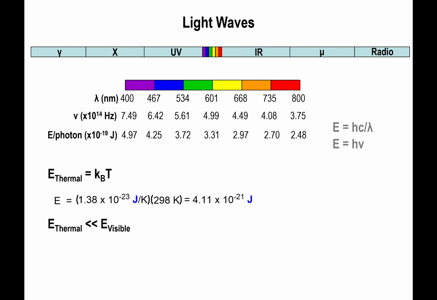Alright, now one extra thing that I kind of want to show you, not that it's super duper important, but since we're talking about joules per photon, looking at the equation that I had here before, with the Boltzmann constant, 1.38 times 10 to the negative 23 joules per Kelvin, if you multiply this by room temperature, what we basically get is an overall thermal energy, which is 10 to the negative 21.